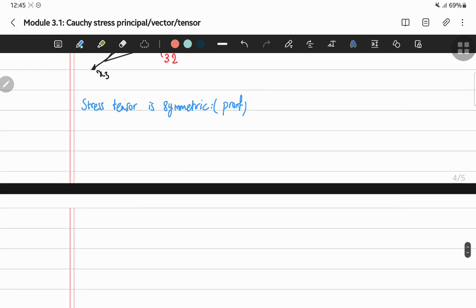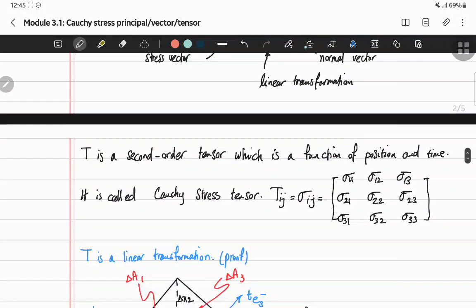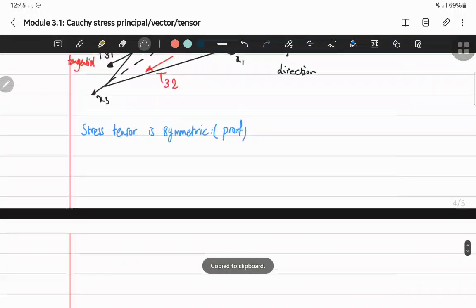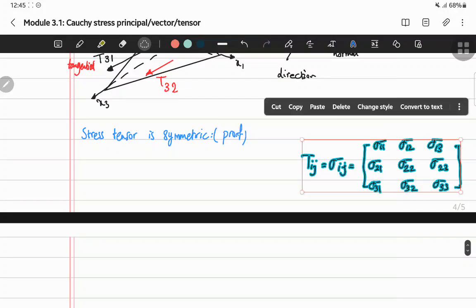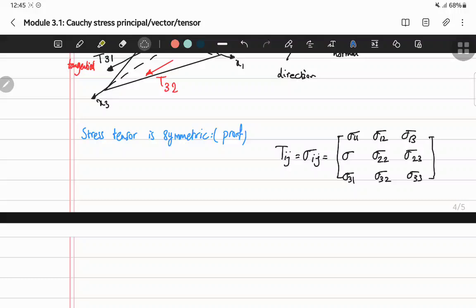So you remember from your courses in mechanics of materials that your stress tensor is basically symmetric. So you showed this using this kind of notation, that sigma 1 1, sigma 1 2, this is 1 2, 1 3, this is 1 3, and this is 2 3, this is 2 3. So this is symmetric.